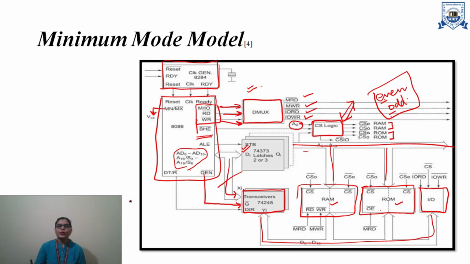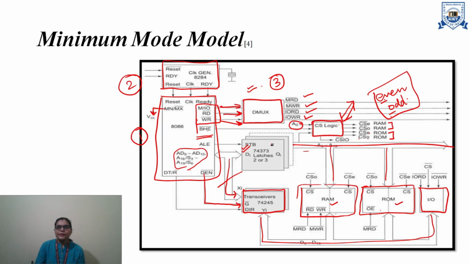So in this module, we have the 8086 microprocessor and a clock generator. We have control signal generation logic, which will generate memory read, memory write, input output read and input output write from three signals: the memory input output control signal, read signal and write signal.